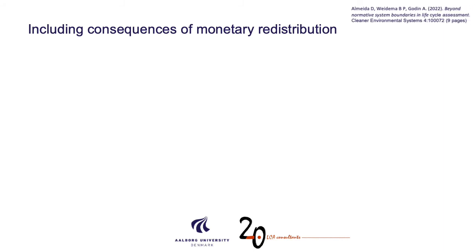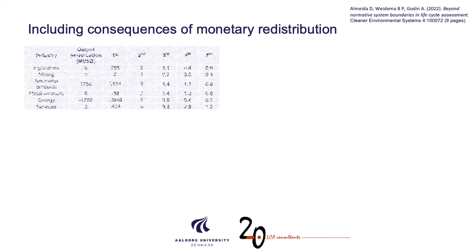So at an earlier course, I had a PhD student that took up this challenge and started to model what we could do to go beyond this normative system boundary. And looking at a case where we are having an income neutral effect, or an expenditure neutral effect, moving our consumption from the energy sector to non-metal products.